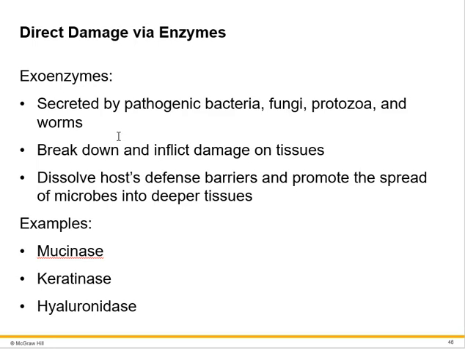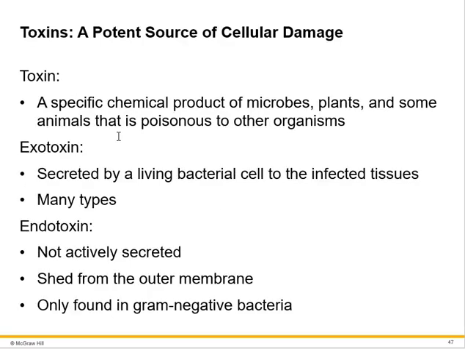Keratin is found in skin and nails, and helps to prevent microbes from getting in. So if you break it down, then the microbes have easier access to get in. And mucus is one of our protective barriers. So if you can break down the mucus, they can get in more easily.